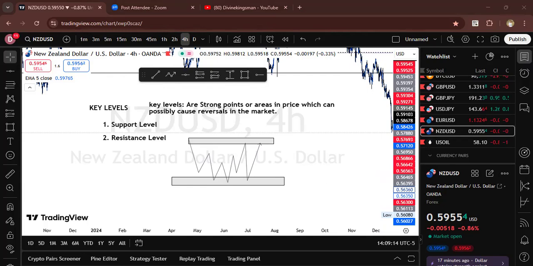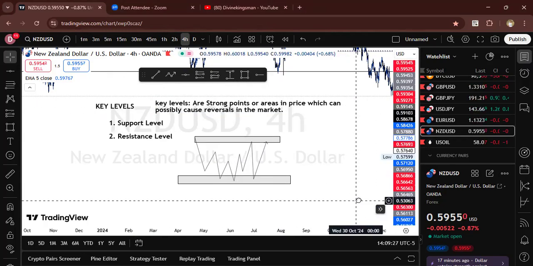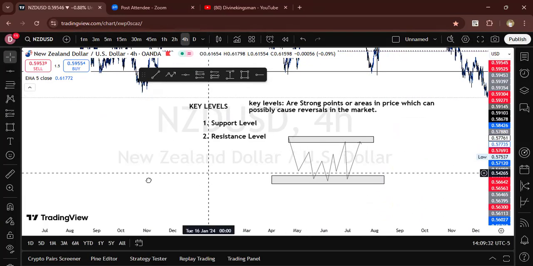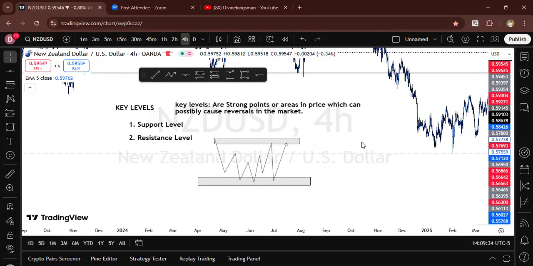I don't know if I should really write that down. It's just simple English, so you should understand what I mean. I said support and resistance or key levels are one of the most important things you must master when trading. Now, the question is, why is it so important?